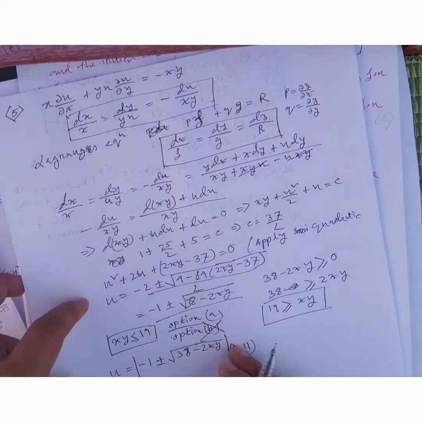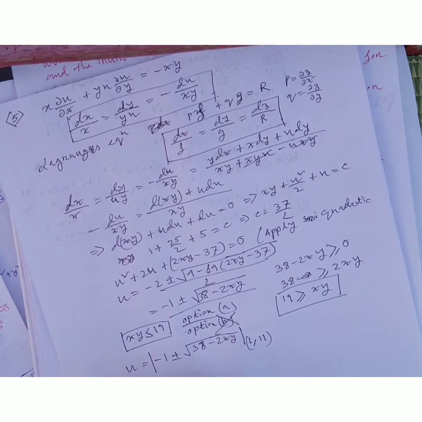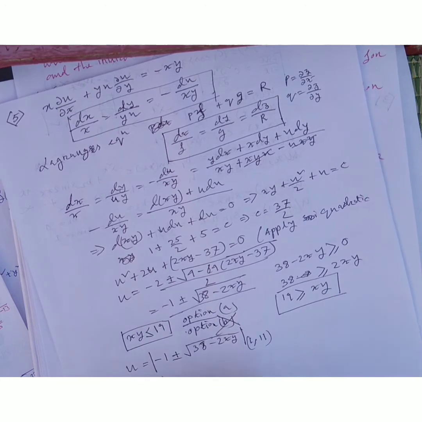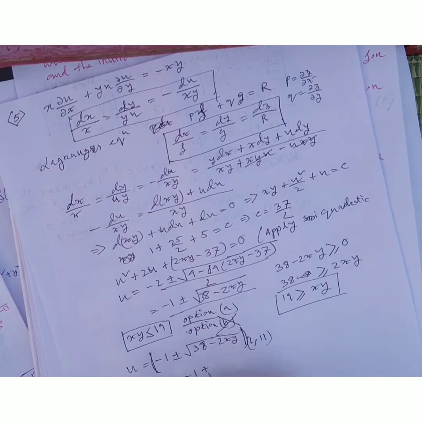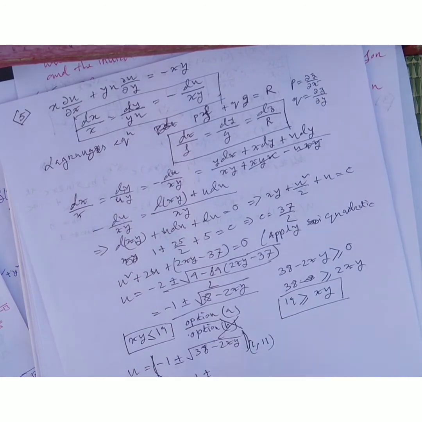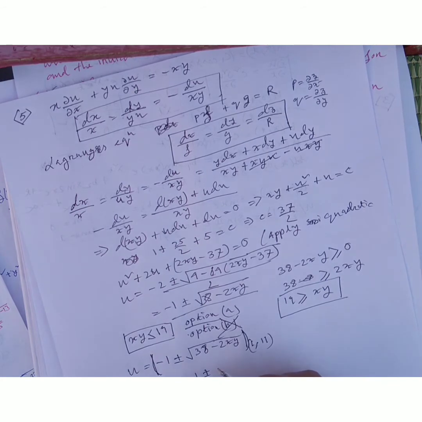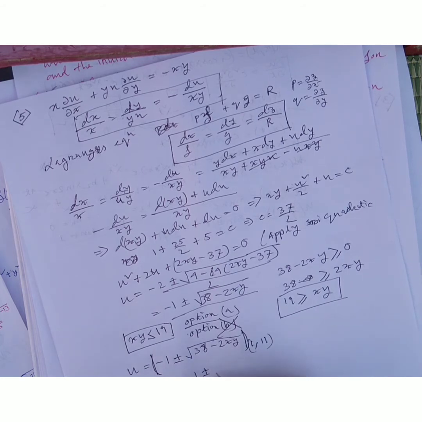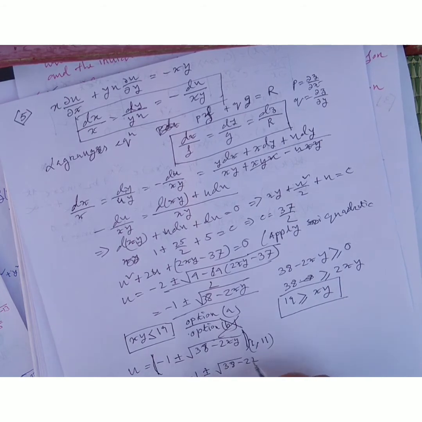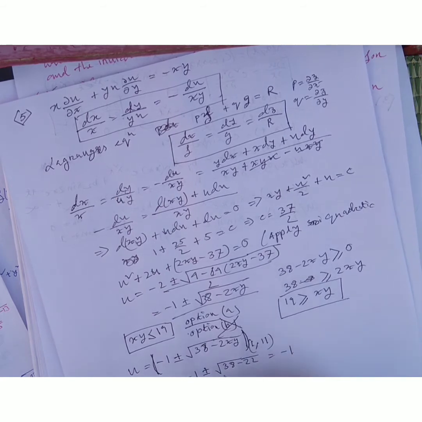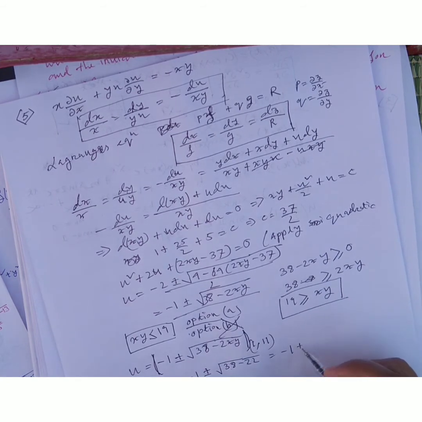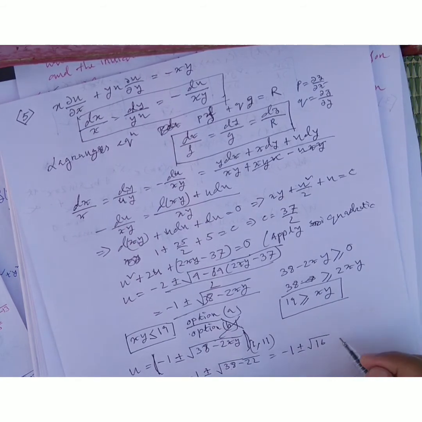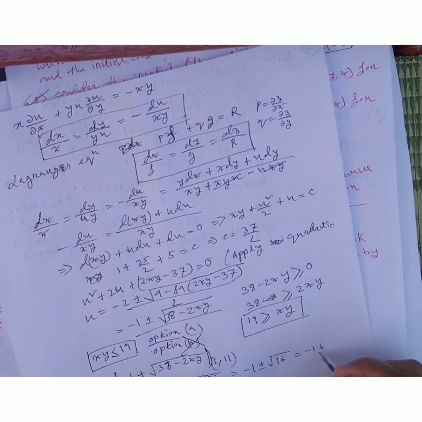If I put this value, u(1,11) is -1 plus minus root over 38 minus 22. 38 minus 22 is equal to 16, and my value is -1 plus minus 4.